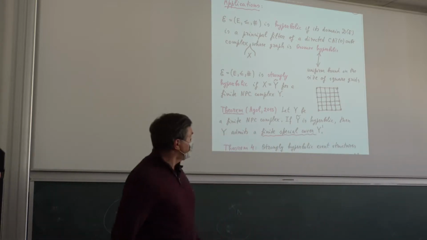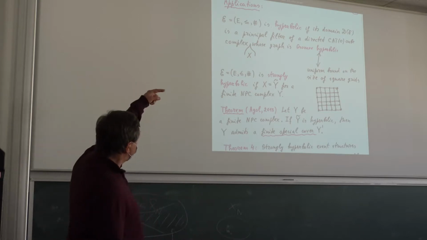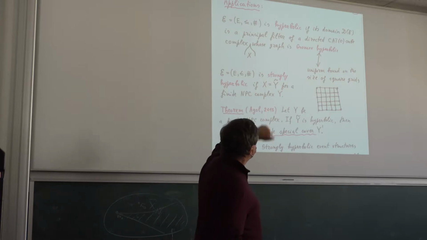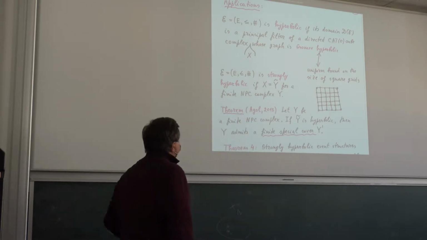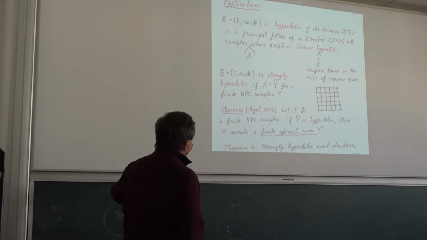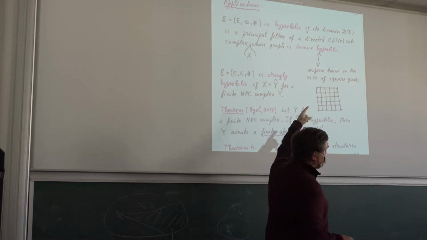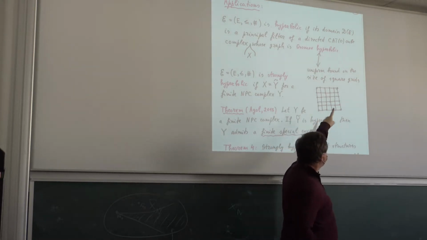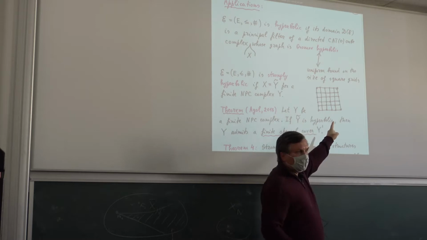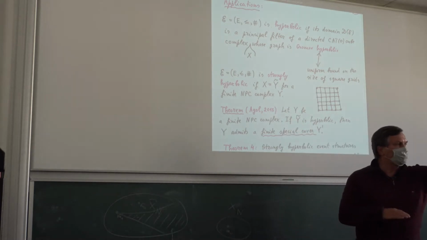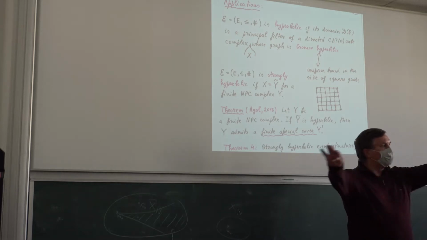get results. In fact, we proved the following: we call the event structure hyperbolic if its domain is a principal filter of a Gromov hyperbolic domain. What Gromov hyperbolic means in the case of CAT(0) cube complexes is equivalent to your grids being uniformly bounded. You don't have larger and larger grids, or you don't have an infinite grid.